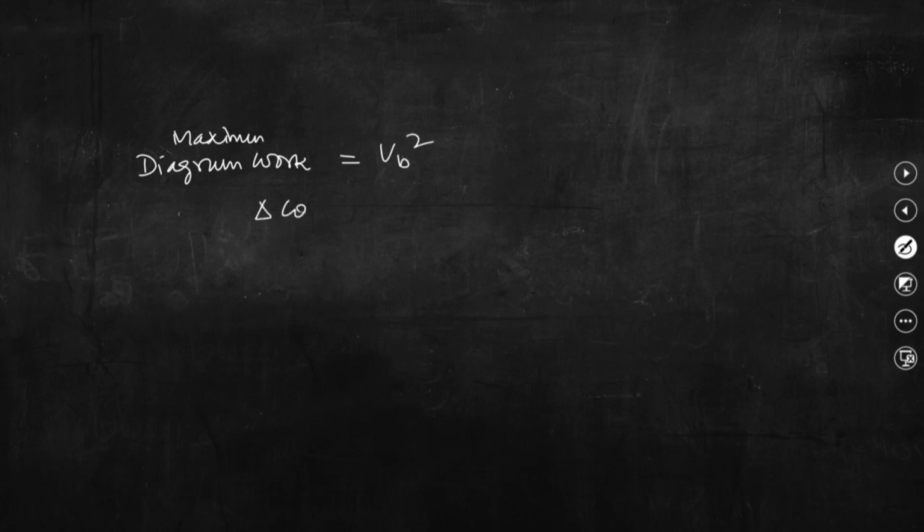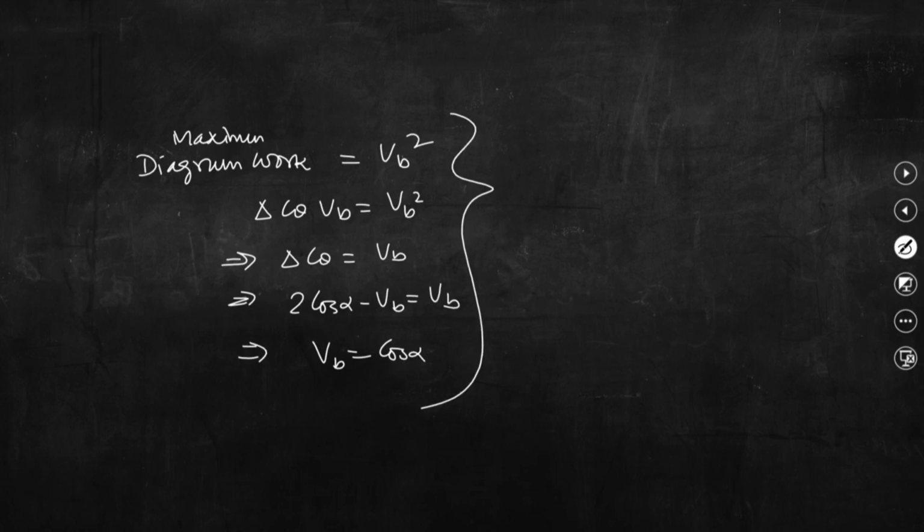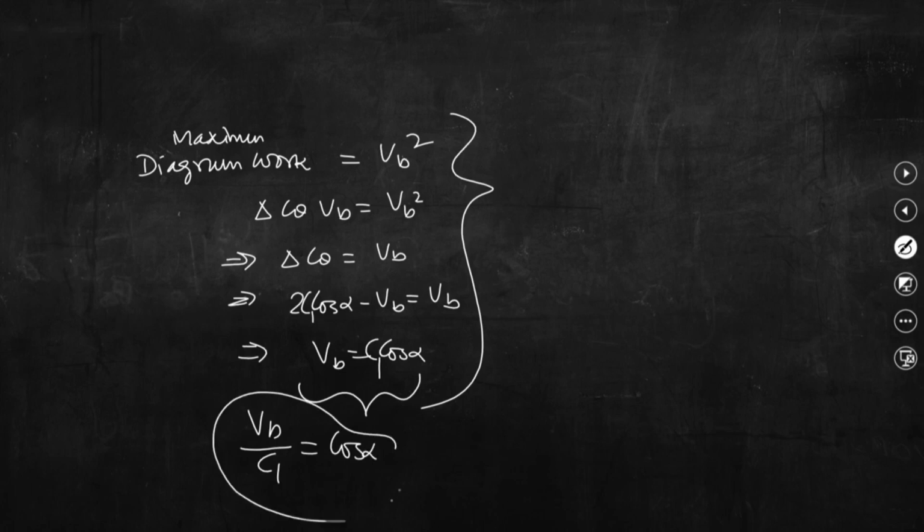So, delta c theta into Vb equals Vb square. Therefore, delta c theta equals Vb. Therefore, 2 C1 cos alpha minus Vb equals Vb. Therefore, Vb equals C1 cos alpha, that is Vb by C1 equals cos alpha. So, that is the optimum speed ratio.